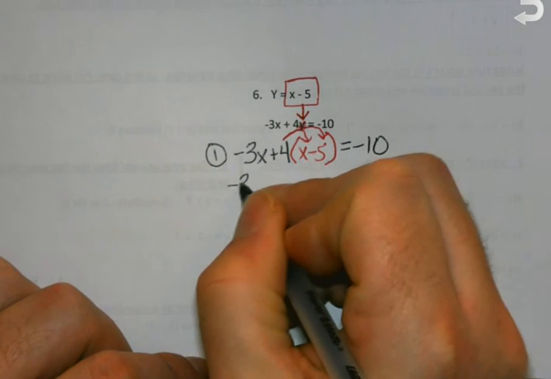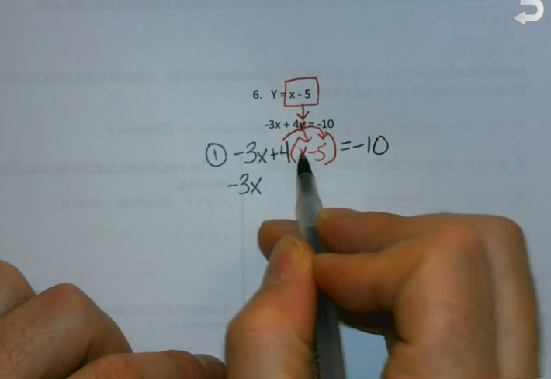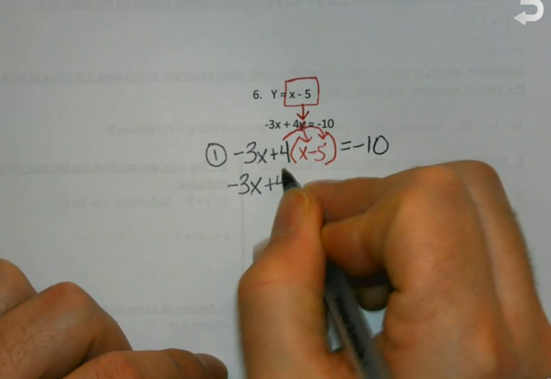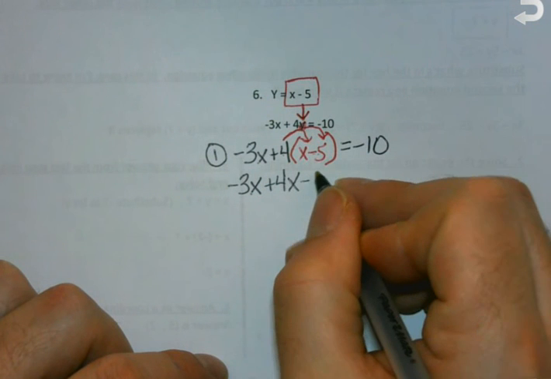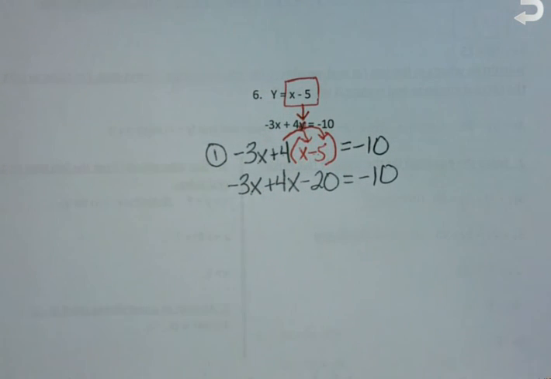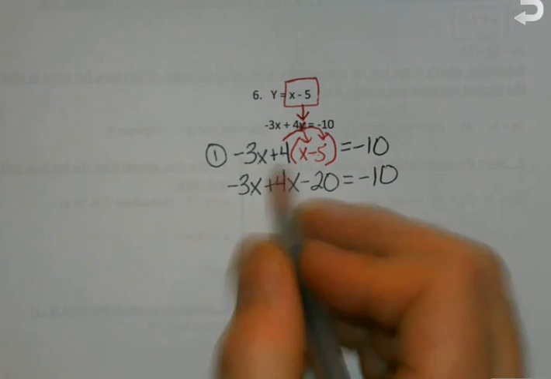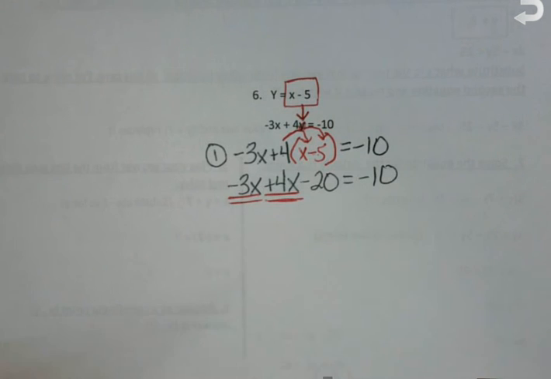So it doesn't change my negative 3x, but it does change the next term. I have 4x. 4 times negative 5 is negative 20. Okay, and that one extra step is the only difference, because now I can still combine my like terms.